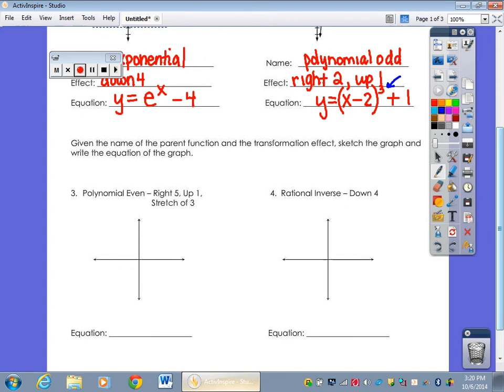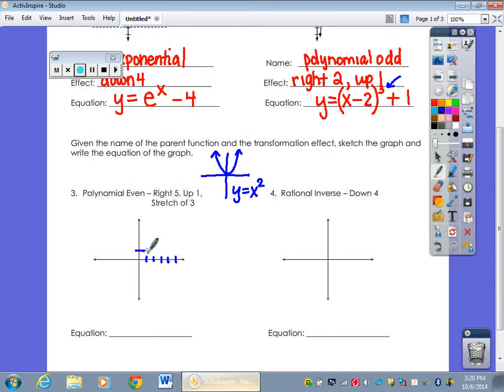Okay, for the next 2, we've given you the type of function that it is, and the transformation. You have to sketch it and give the equation. So polynomial even means that the mom looked like this, and the equation was y equals x squared. So we want that same one, but it's gone to the right 5, up 1, and a stretch of 3. Now, this doesn't tell you what kind of stretch it is.